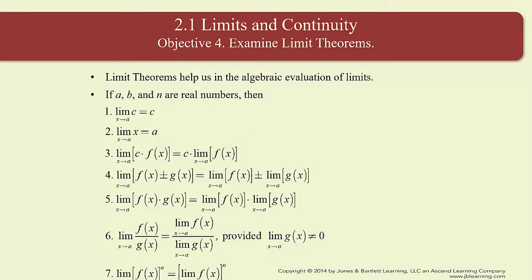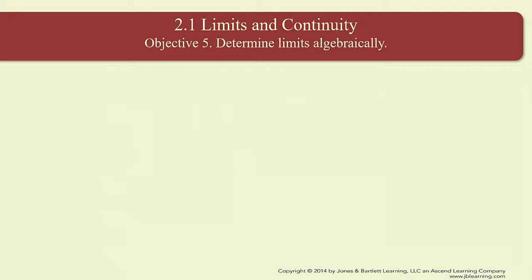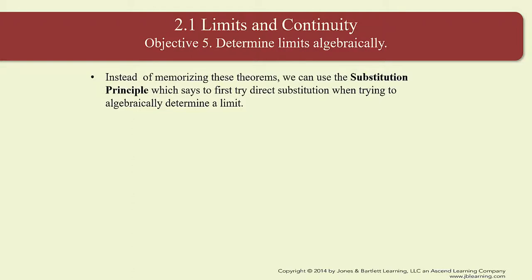This is going to take us quickly to objective 5. My comment to you is that instead of memorizing those limit theorems, let's start off by trying what is called the substitution principle. The substitution principle is very nice and friendly. It says to first try direct substitution when attempting to find a limit algebraically.